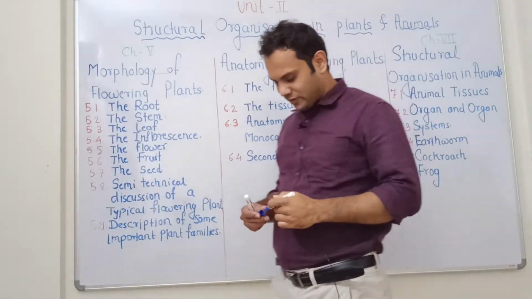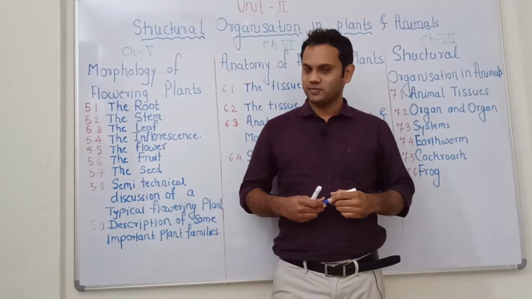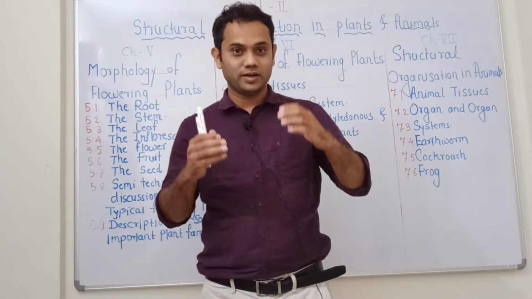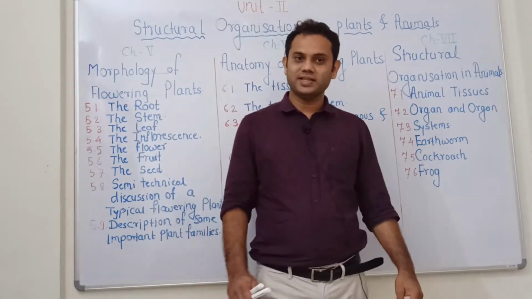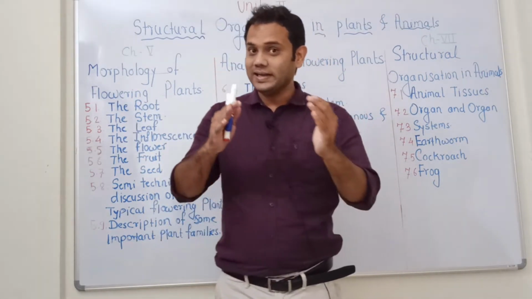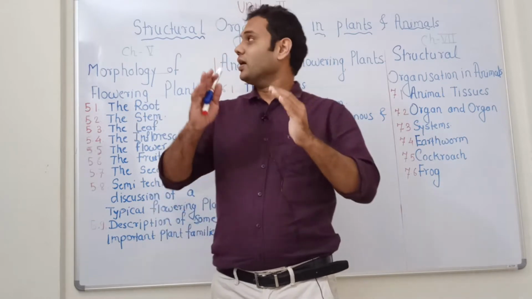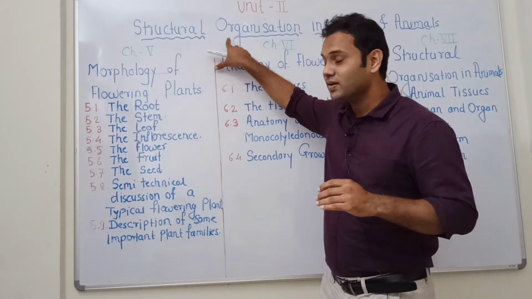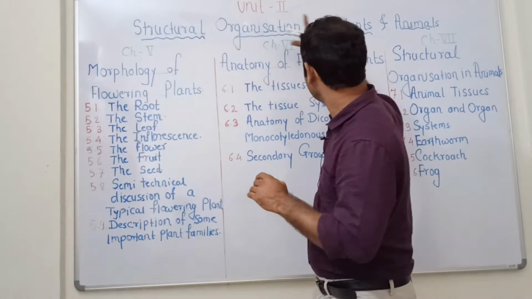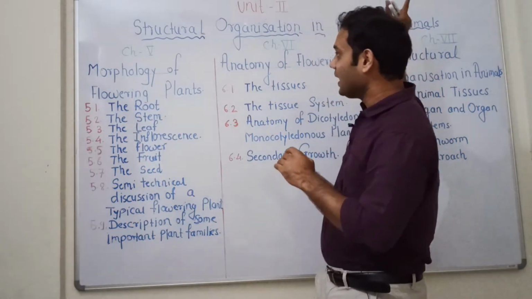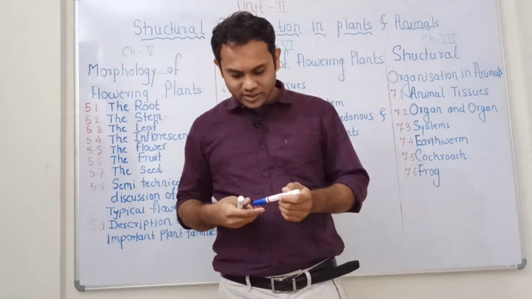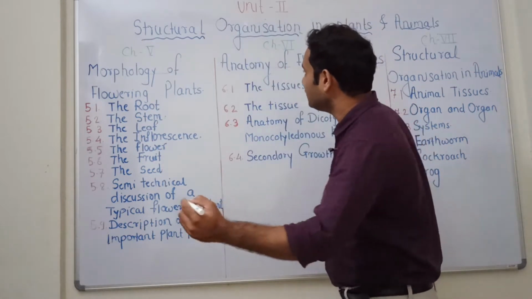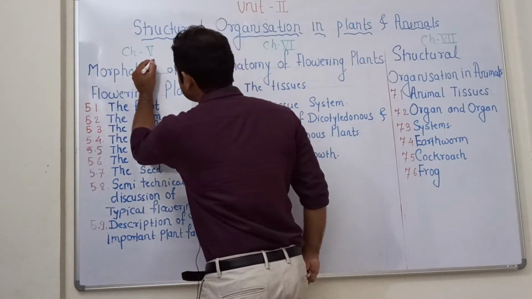I hope you have enjoyed the first lecture, unit number one, diversity in the living world. In this second unit we will be dealing with the structural organization both in plants as well as animals. This unit is divided into a total of 3 chapters.